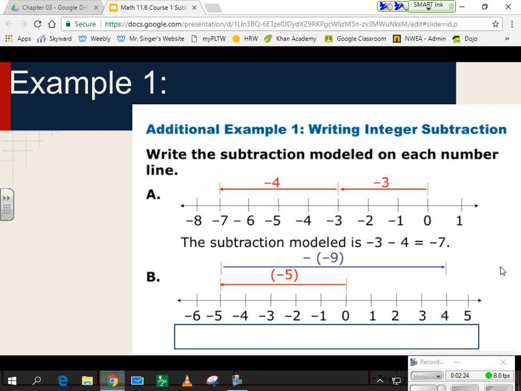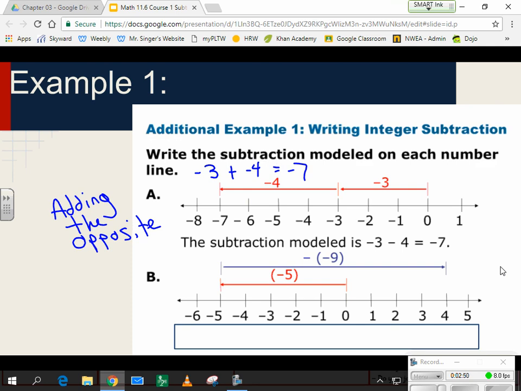But if we think about adding the opposite with this problem, we can think of it more as -3 plus the opposite of 4, which is -4. So when we do that, you're really just adding 2 negatives, so you have the same sign, so you know that that's -7.